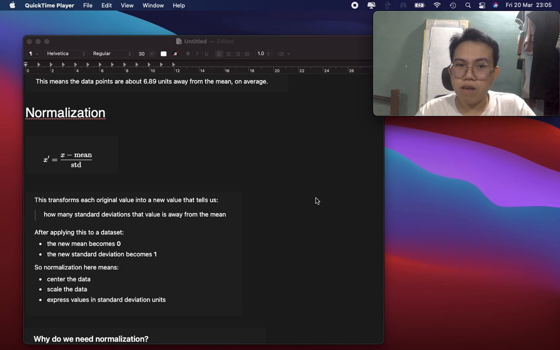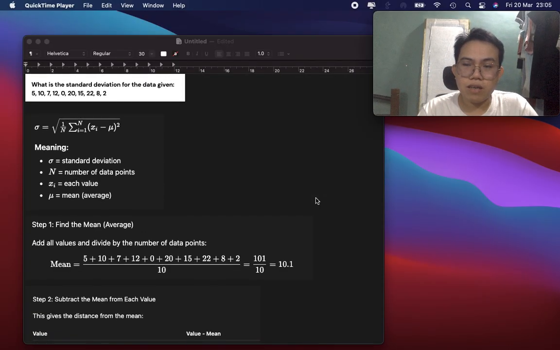So how can we calculate the normalization? Here are the steps that will teach us how. First, we must understand what the mean is and what the standard deviation is. Let's say we have this data set: 5, 10, 7, 12, 0, 20, 15, 20, 22, 15, 22, 8, and 2.